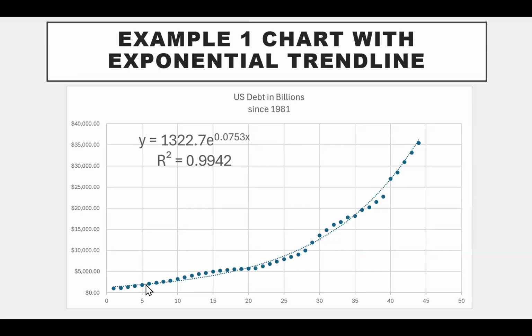And the equation of that exponential equation of best fit is y equals 1,322.7 times e to the 0.0753 times x. And the r squared we get with that is 0.9942.